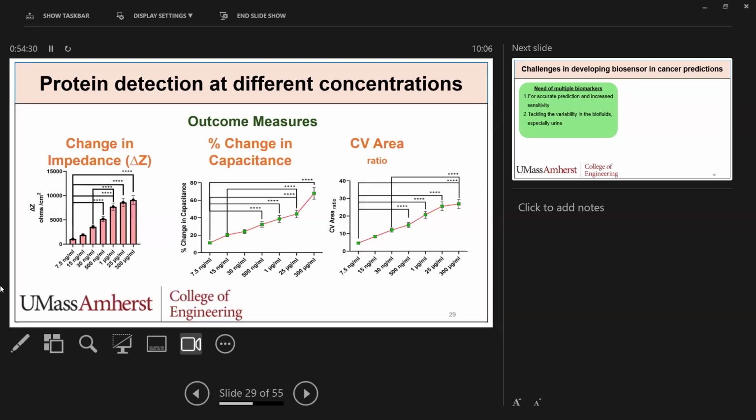You can clearly see that if there is a change in concentration, the change in response is very evident, right? And each concentration we did in triplicates. So with one protein in triplicates, and each concentration in triplicates, we get tons and tons of data, right?